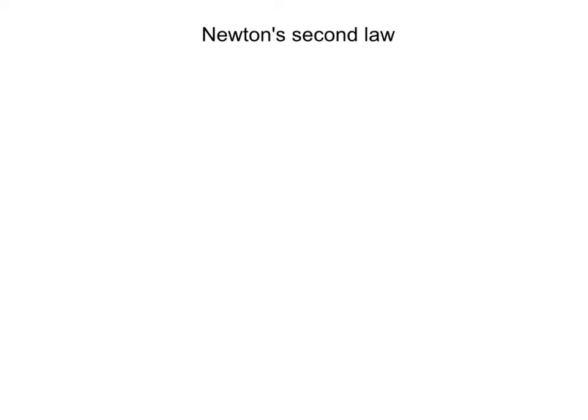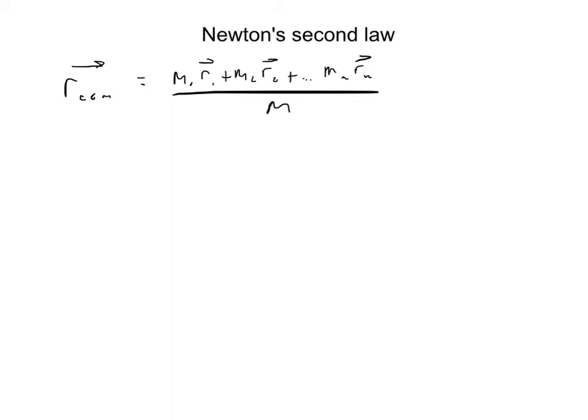Okay, so we know from the previous video that the center of mass, written as a vector, comes from all of the little masses at their positions, all the way up to mn Rn, all over the total mass.